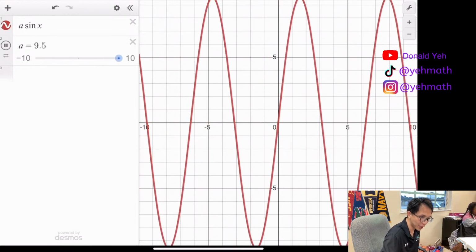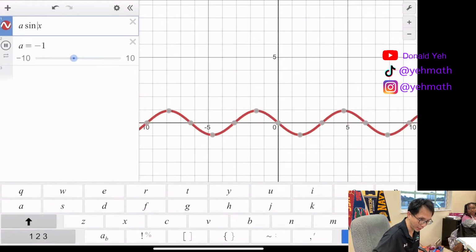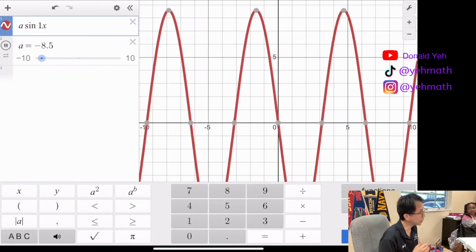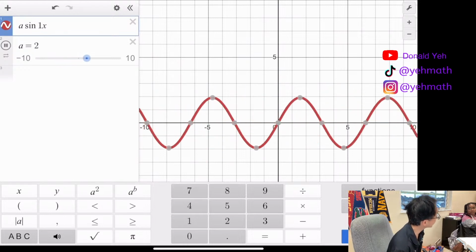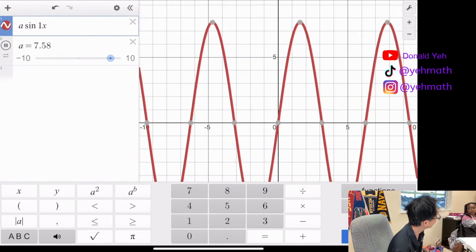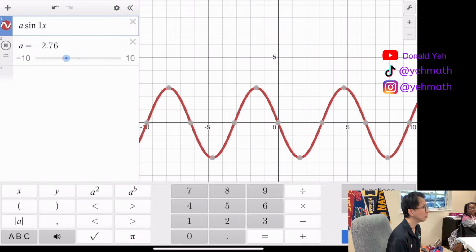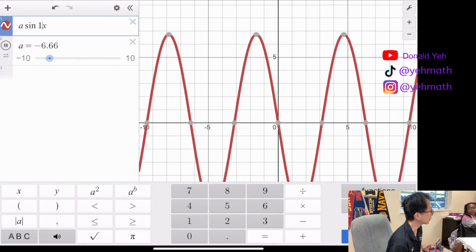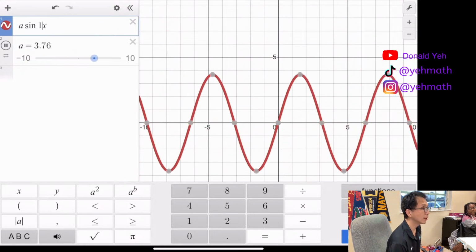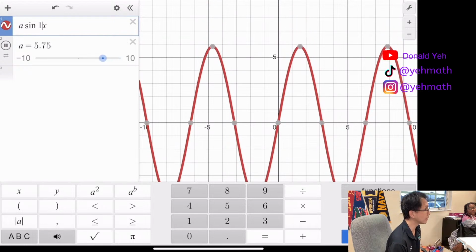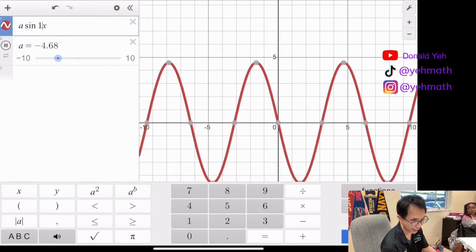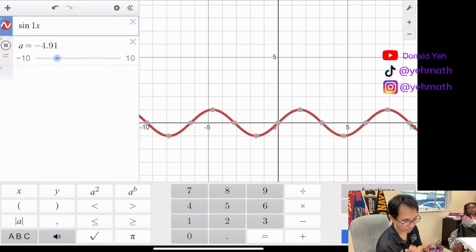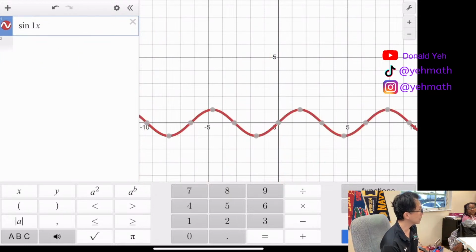Now, what does b do? What if I change my b from 1 to 2? What do you think the 2 does? Move to the right or left? I don't know, could be. I'm not saying yes or no. Anybody else have any ideas? If I change this to 2 sine of 2x, what does the graph do?